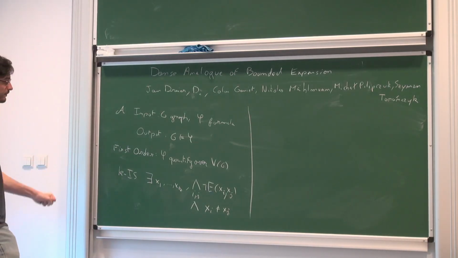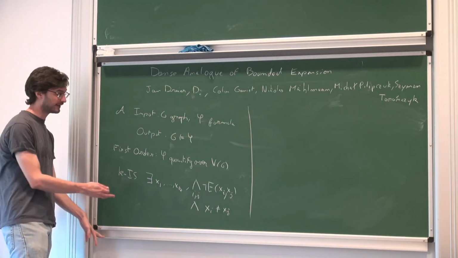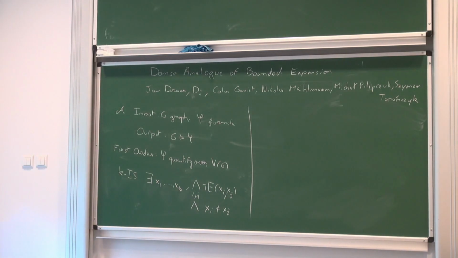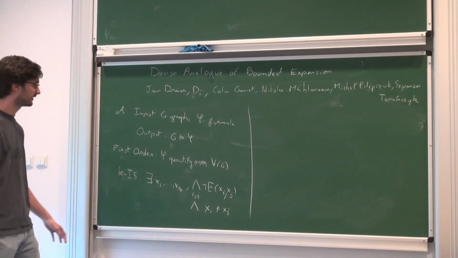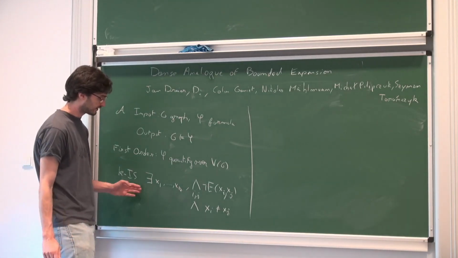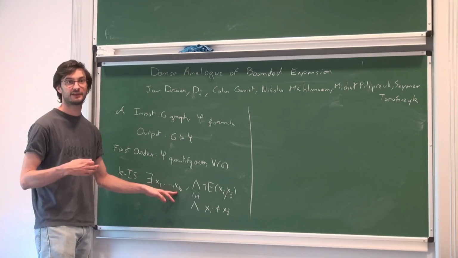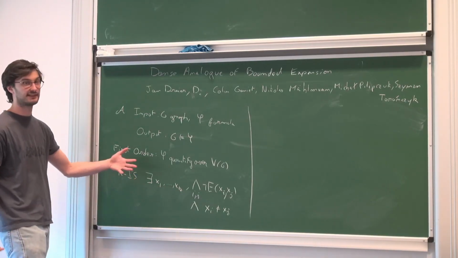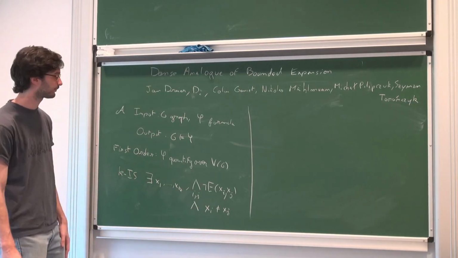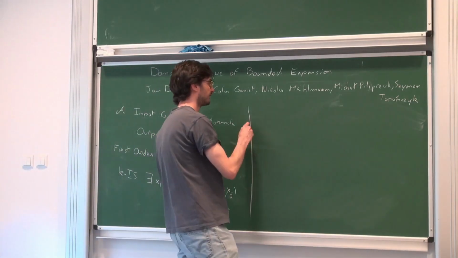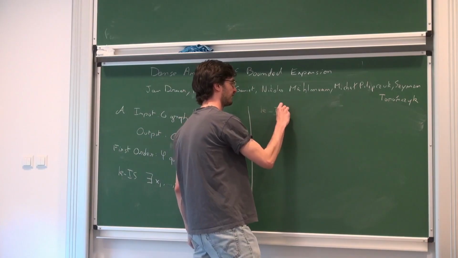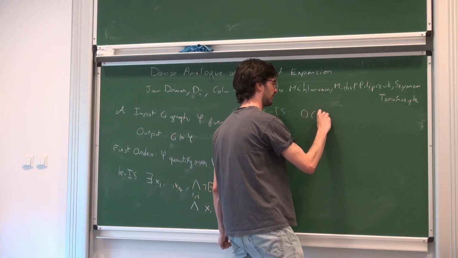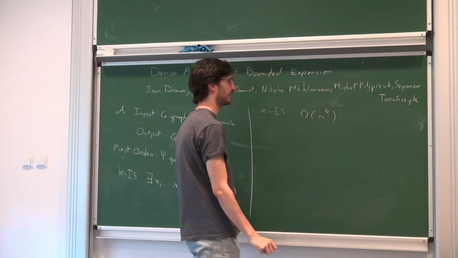And this problem you already cannot solve in FPT time over all graphs. An obvious solution would be to test all k-tuples over your vertices and ask if it's an independent set. So for k-independent set, you can solve the problem in time O of n to the k, where n is the number of vertices.